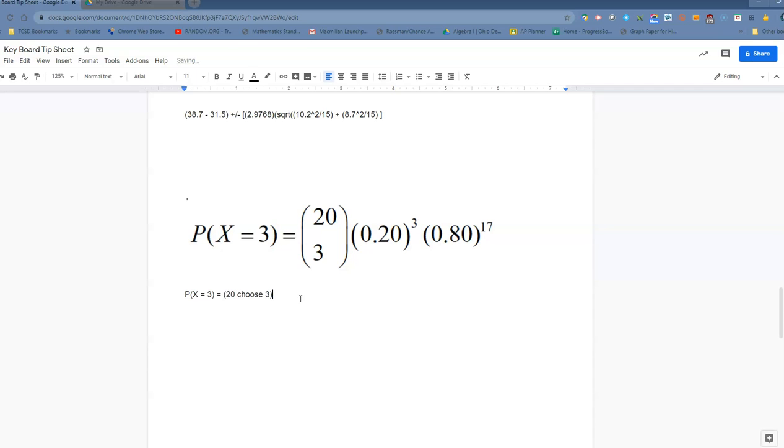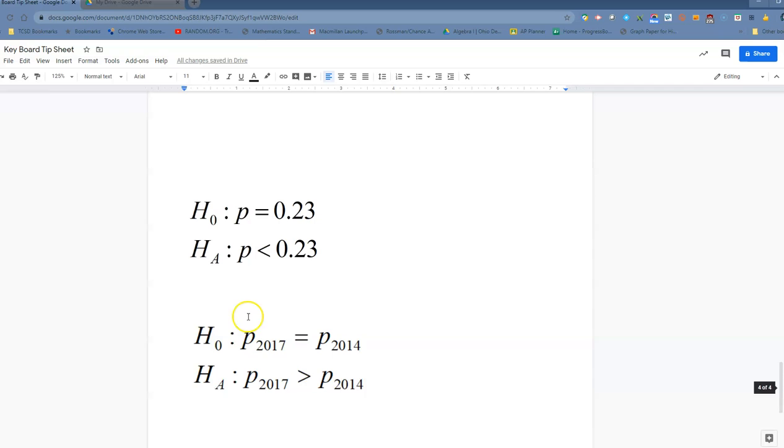Sorry, I don't know why I said 20 choose 2. So literally type 20 choose 3, easy. And then we have 0.20 raised to the third, just use the caret, and then 0.80 raised to the 17th. That's it, easy, right? Very, very simple to do. Even math that most people would want to write by hand is very easy to type.